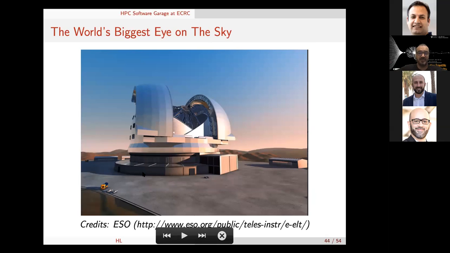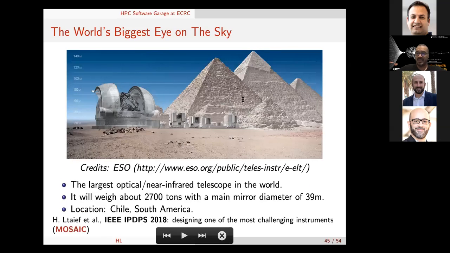To give you the proper aspect ratio, you can see small cars and a truck here, and this tells you how big this telescope is. We put it side by side with those pyramids. Again, this tells you how big it is. It has a height of 100 meters, the largest height ever of a telescope that will be built.